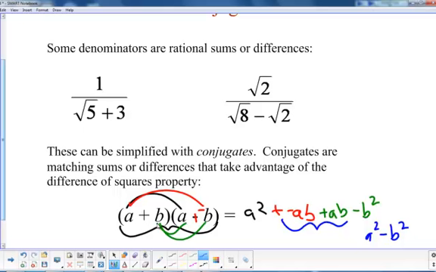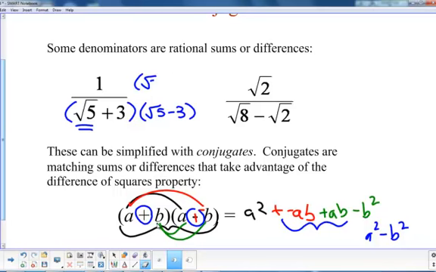So if we have a square root and we multiply it by the opposite, see how one's a plus and one's a minus? The middle terms will cancel, which therefore makes our square root cancel. So we would multiply this by the square root of 5 minus 3, and what you do to the bottom, you do to the top. So this would actually simplify to square root of 5 times square root of 5 is 5.